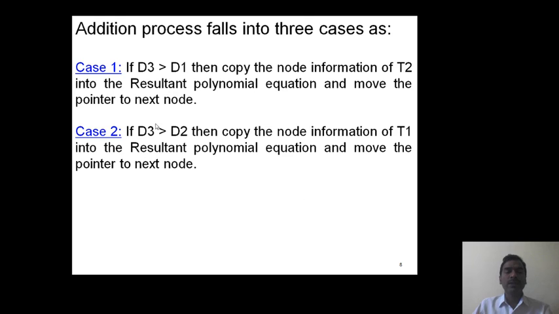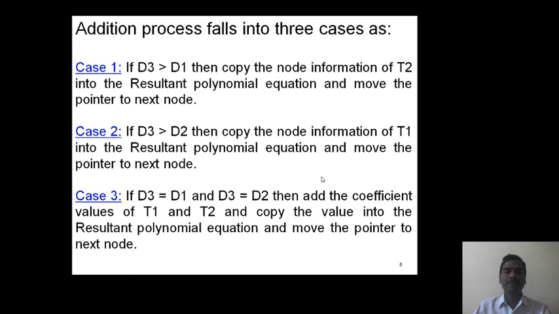Case 2, if D3 is greater than D2, then simply copy the node information of the first polynomial equation into the resultant polynomial equation and move the pointer to the next node.